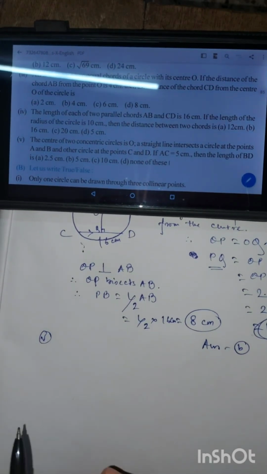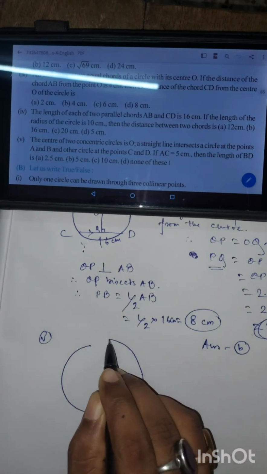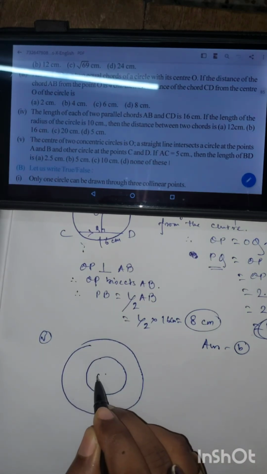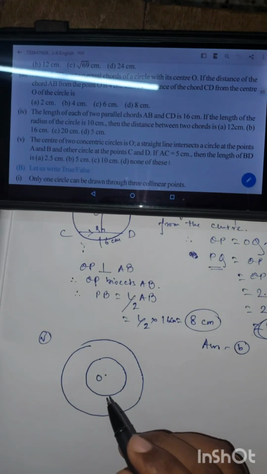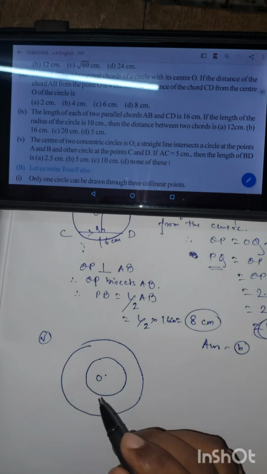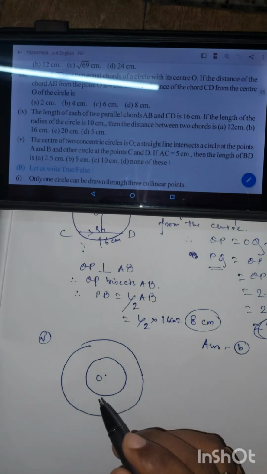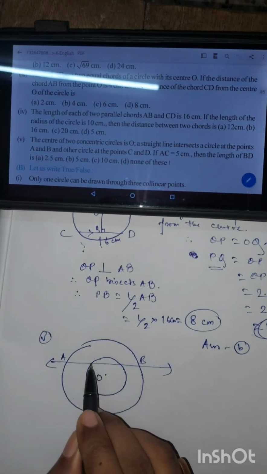the center of two concentric circles is O, sorry. Two circles having the same center are called concentric circles. A straight line intersects a circle at points A and B and the other circle at points C and D. AB and this is CD.